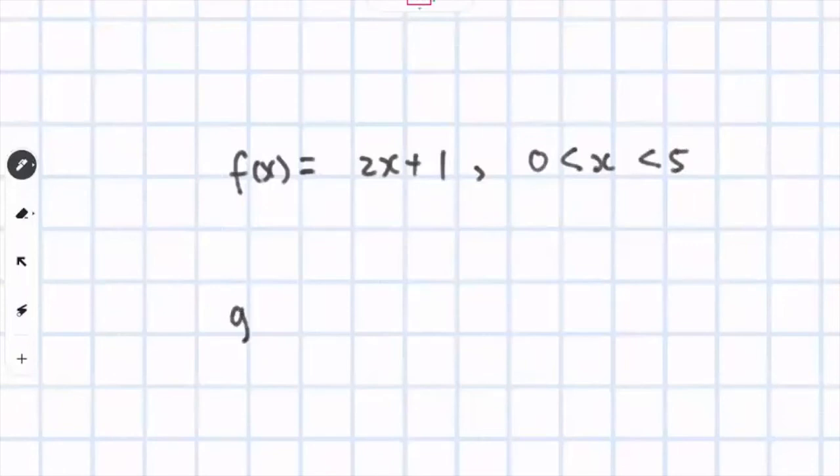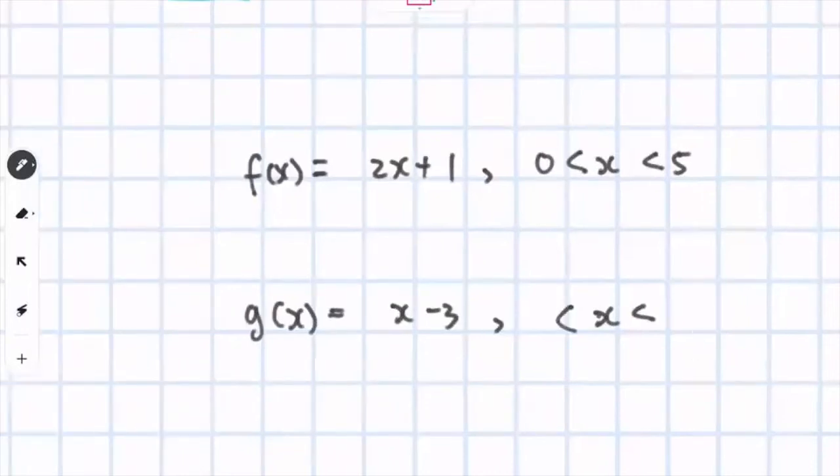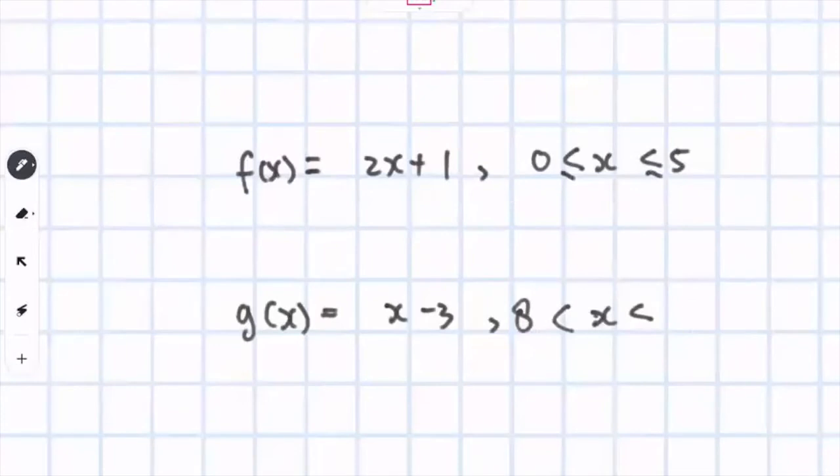Gx is equal to x minus 3, and x is from 8 to 20.